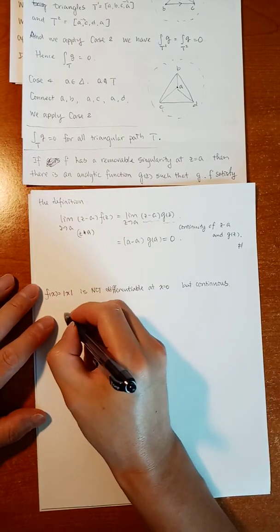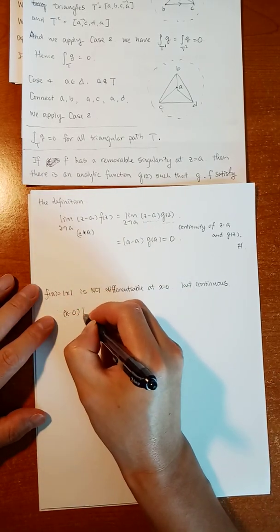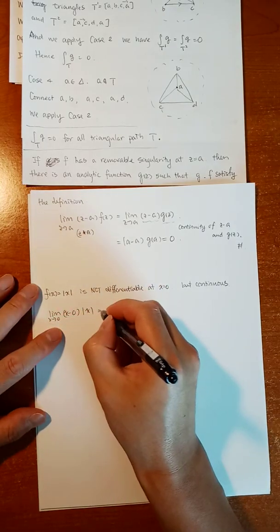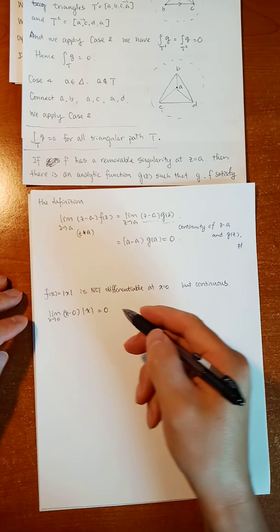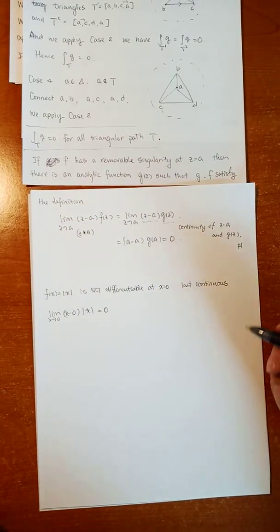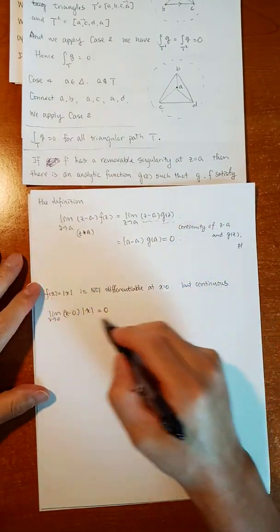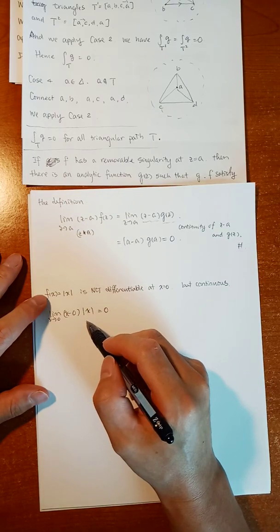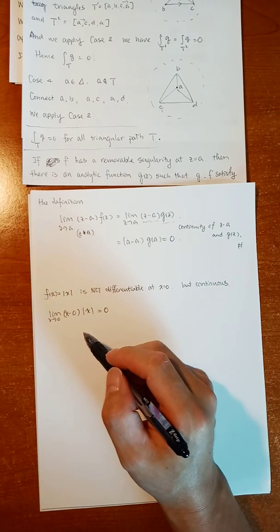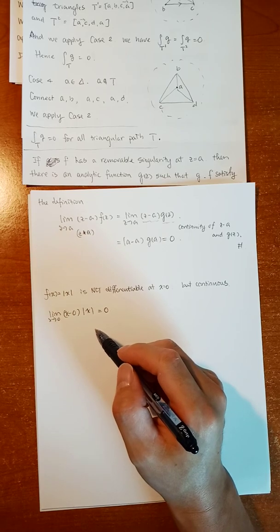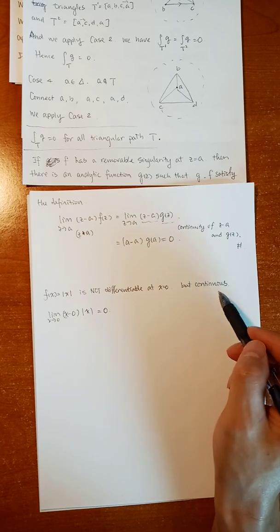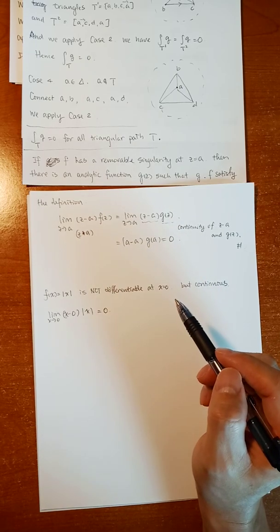So if you check x minus 0 times the absolute value of x, and you let x approach 0, this is definitely 0 because both functions are continuous. So for real calculus, this condition is not equivalent to a removable singularity. All right, so it is actually just a singularity for the differentiability, not a singularity for the continuity.